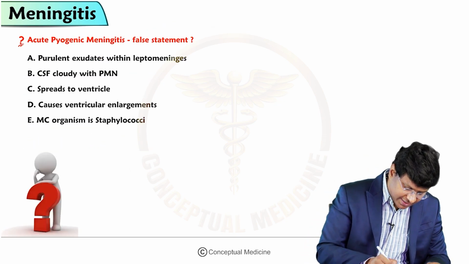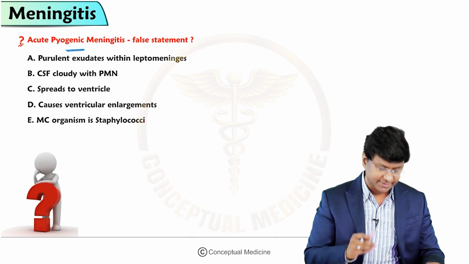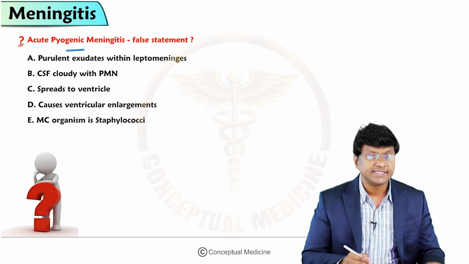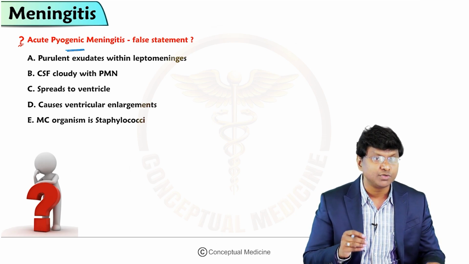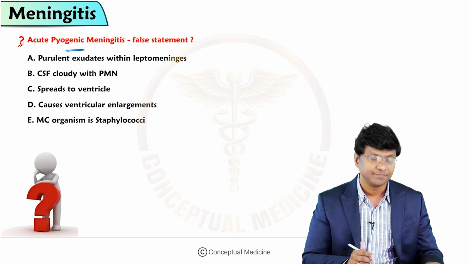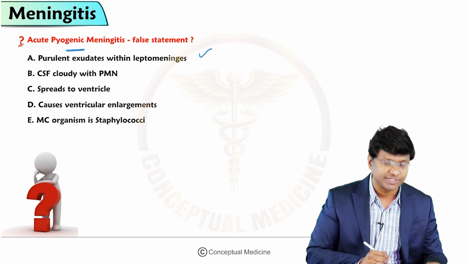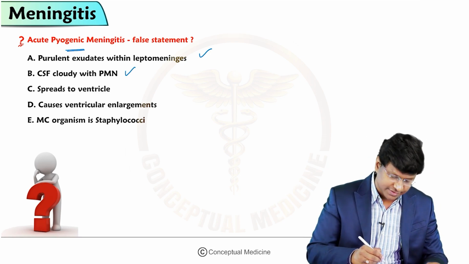And you see another question. Acute pyogenic meningitis, what is the false statement? Purulent exudates within the leptomeninges, CSF cloudy with polymorphonuclear neutrophils, spreads to the ventricles, causes ventricular enlargement, most common organism is staphylococci. So, purulent exudate within the leptomeninges is a true statement. CSF will be cloudy because of an increase in polymorphonuclear leukocytes.